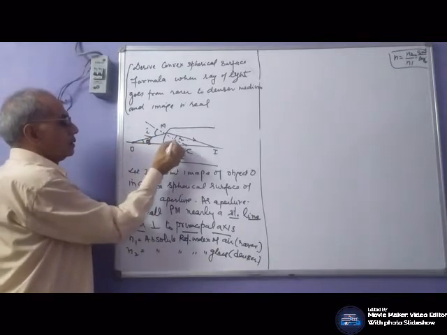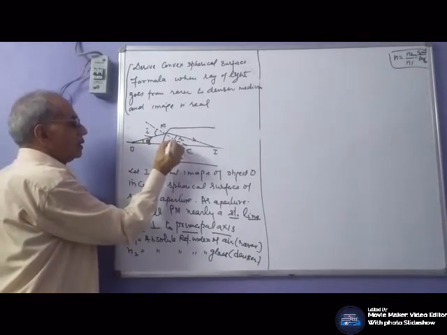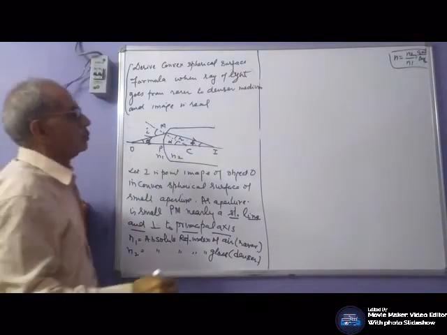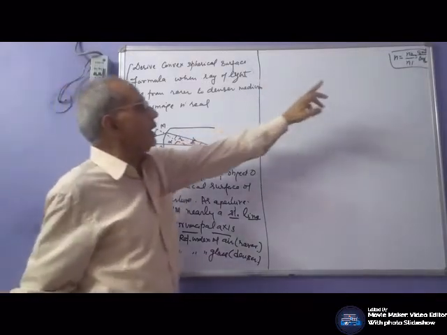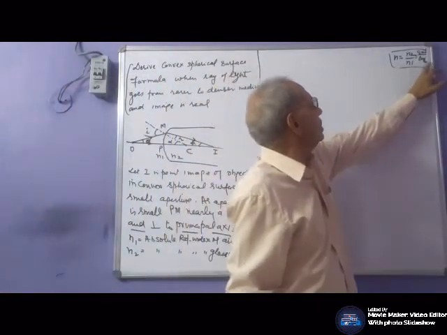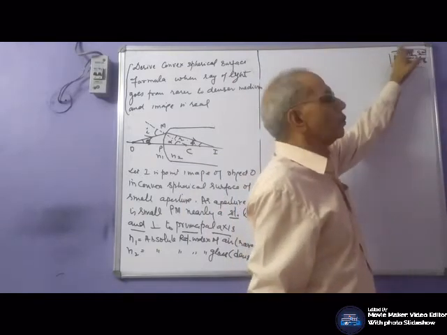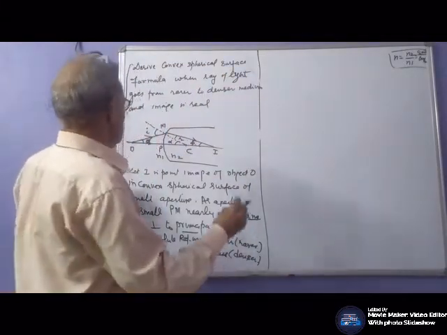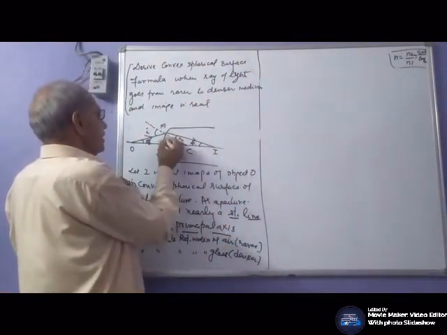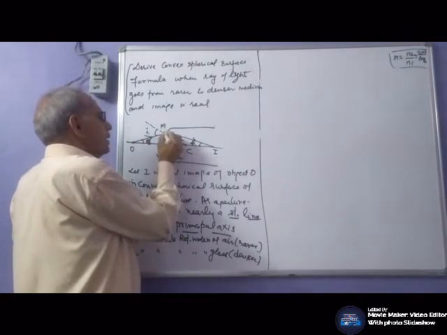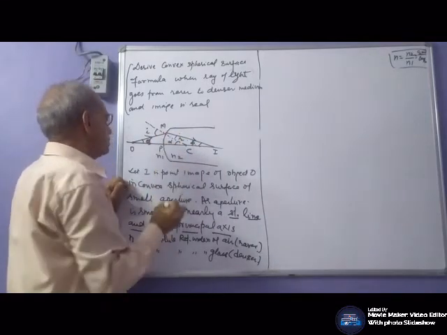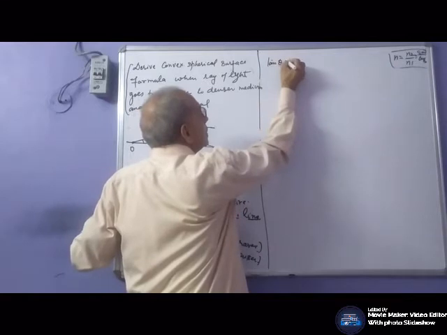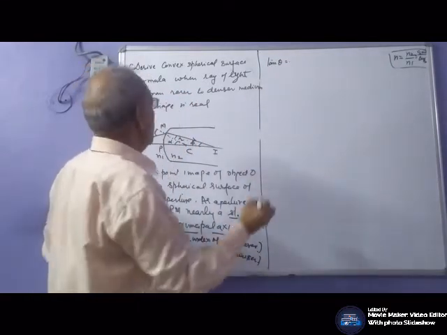Theta, alpha, phi. To find I and R, we take these base angles. This is the right angle triangle. This is perpendicular, nearly perpendicular, straight line. Tan theta equals PM by PO.